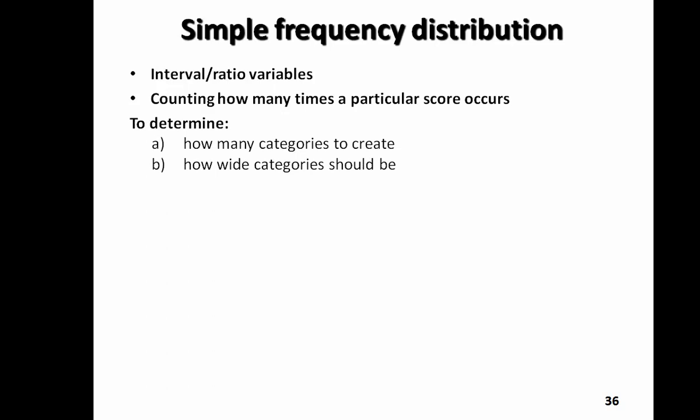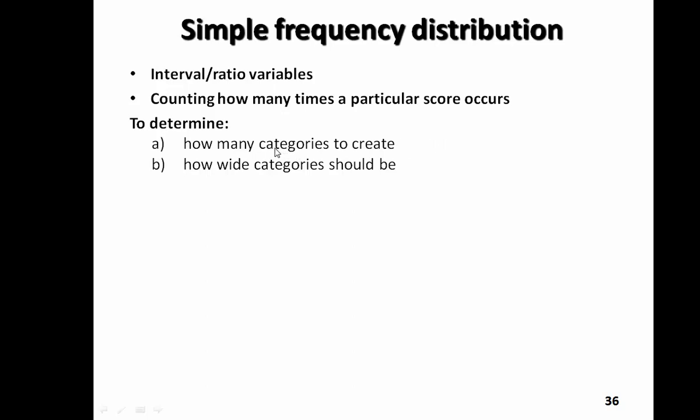If we have data that are interval or ratio, the simple frequency distribution becomes a very handy way to identify how the scores differ from each other. Once again, we're counting how many times a particular score occurs. In generating a simple frequency distribution, the researchers have to determine a couple of things.